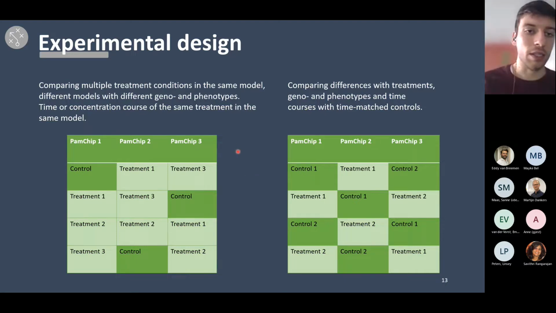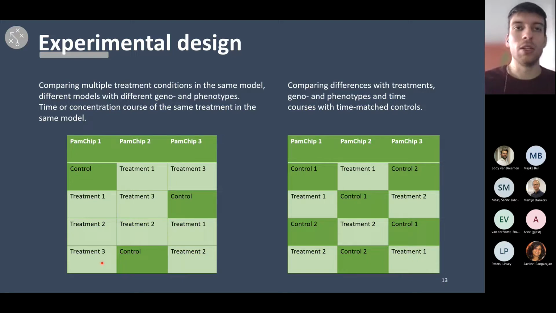Then the table on the left shows you an ideal balanced design for this model. So each column represents one PamChip, and each row is of course one array. So you have 4 arrays per PamChip. And on the first PamChip, this is the typical layout. So the first array will have a control sample followed by the 3 different treatments.